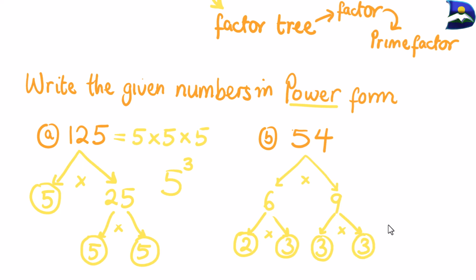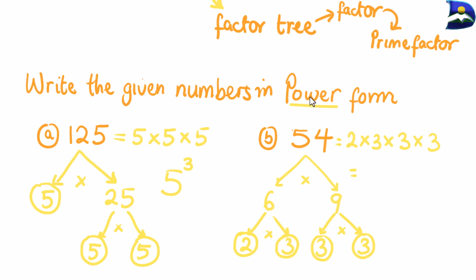Therefore, what we see is that we have our end of the tree to be what? 2 times 3 times 3 times 3 to give what? 54.